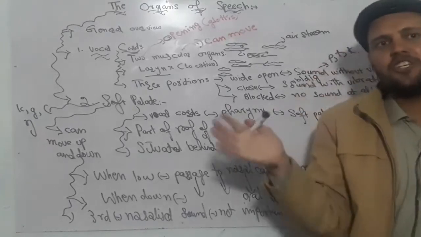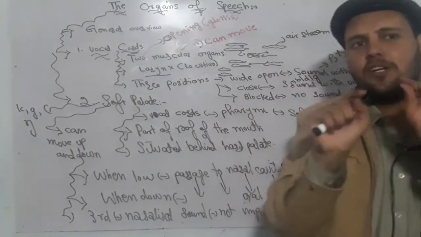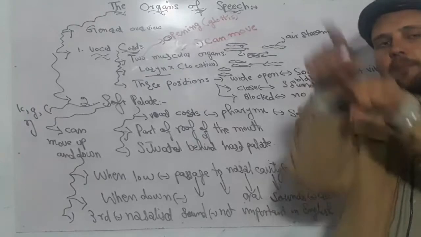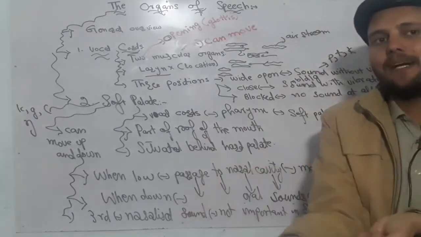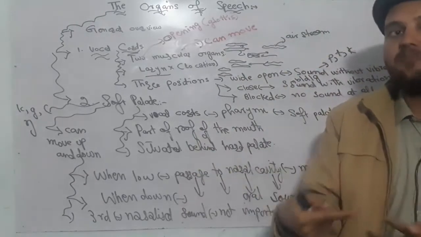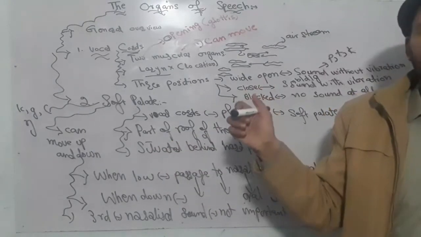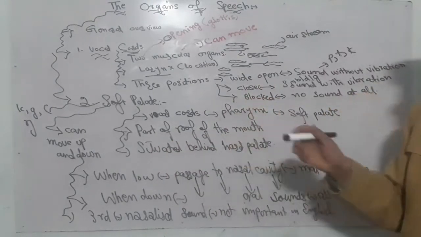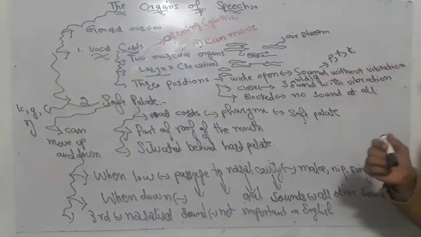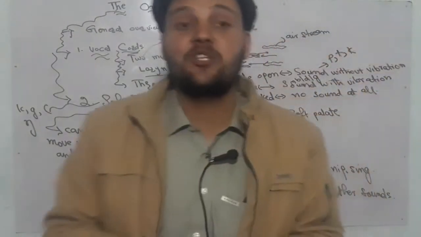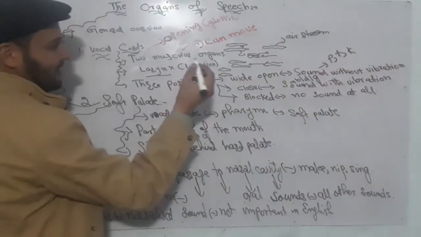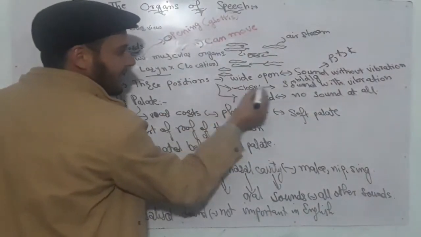In the second position, the vocal cords try to stop the way of the airstream, but the airstream tries to separate the vocal cords, and we have vibration. So the sound is produced, but with vibration.